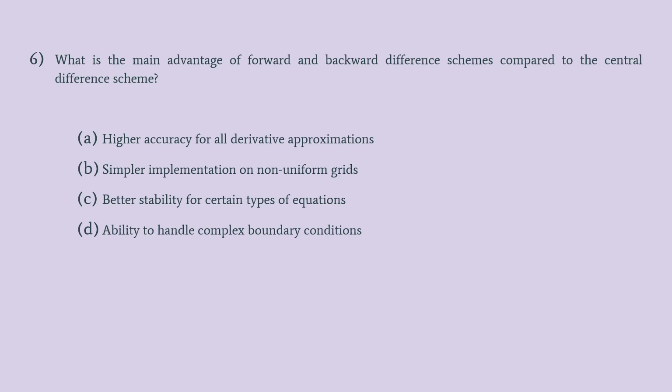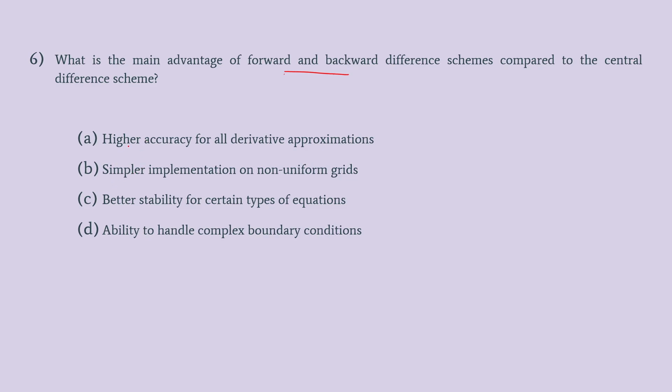Next question. What is the main advantage of forward and backward difference schemes compared to the central difference scheme? So we have seen in the first question the three different schemes derived from Taylor's series expansion. That is forward difference, backward difference, and central difference scheme. So the question is about the advantage of forward and backward difference schemes over central difference scheme.